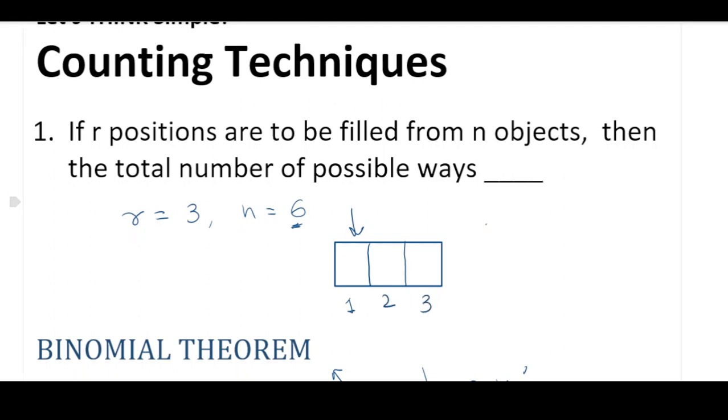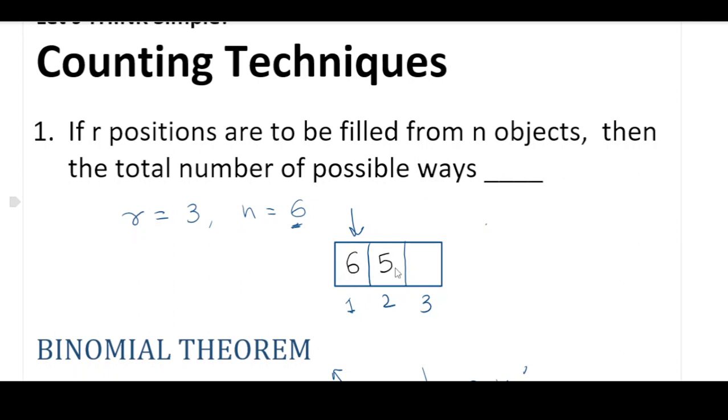Now the question is, in how many ways can I fill the first box? Since I have a total of 6 objects, anyone from the total 6 can come over here. So I have a total of 6 possibilities for filling this box. Now, when I have made a choice out of the total 6, the second position can be filled by the remaining 5, because someone had already occupied one place.